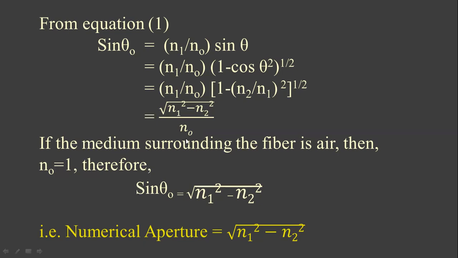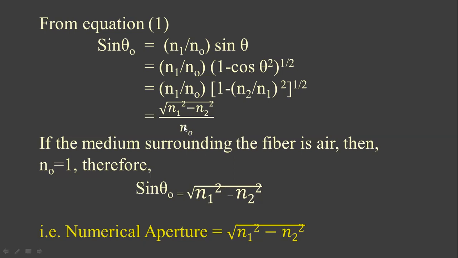Next, if the medium surrounding the fiber is air, which most of the time it will be, then n naught is equal to 1. Therefore sine theta naught is equal to root of n1 square minus n2 square.